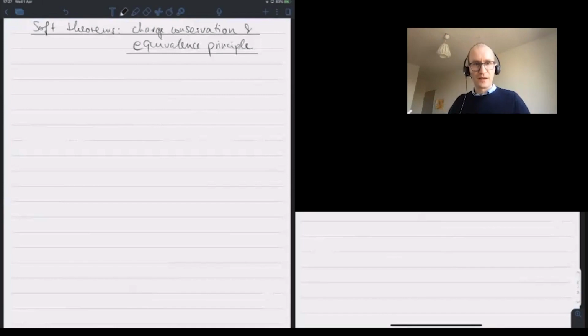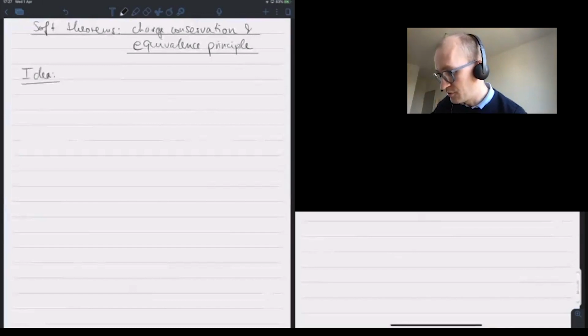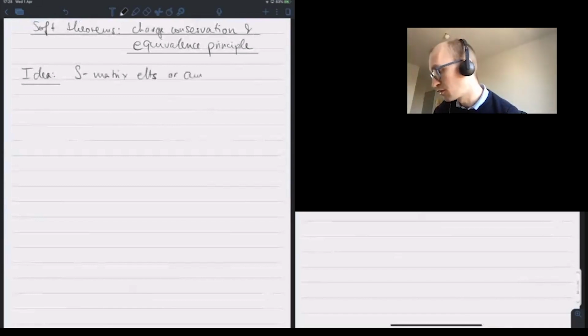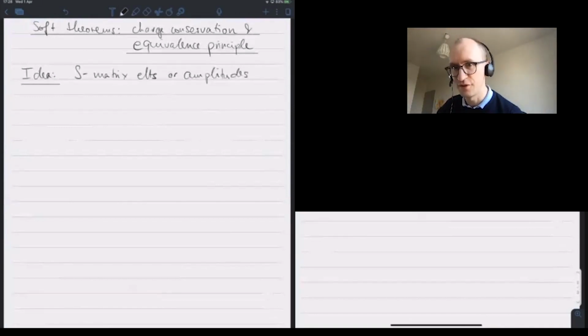Okay, so the idea that we're going to pursue is that S-matrix elements or amplitudes involving soft photons and soft gravitons are sensitive to charge and mass, as we already discussed to some extent last time.